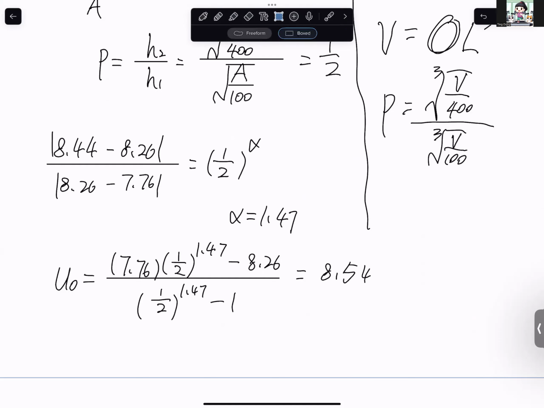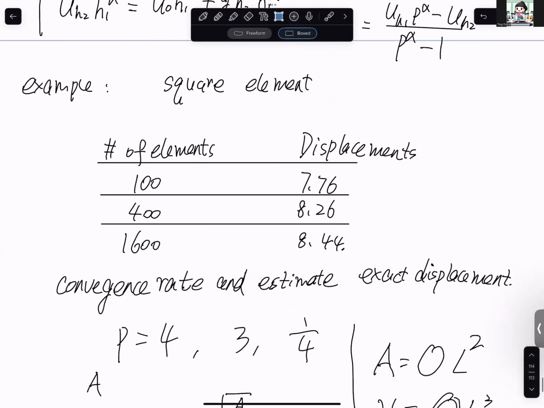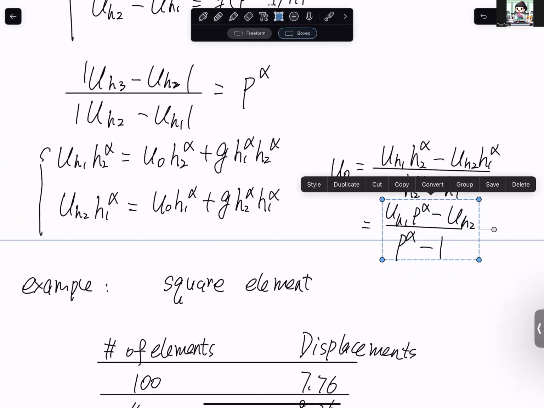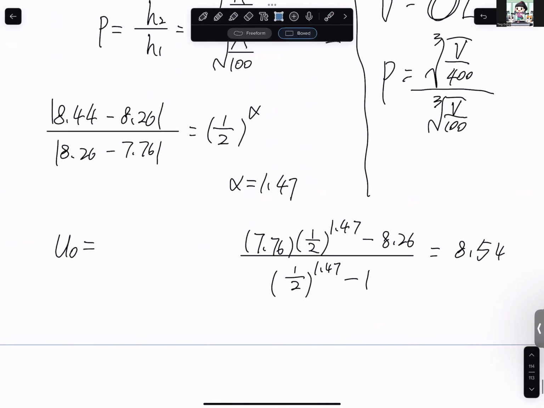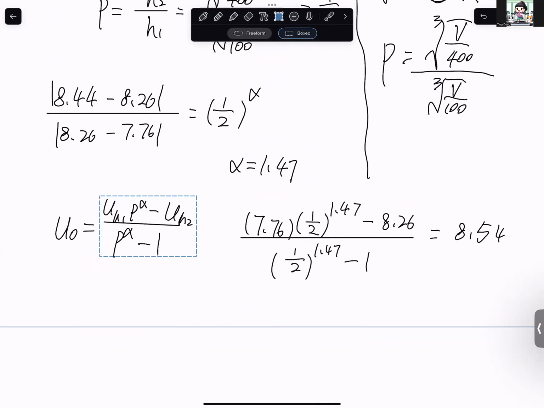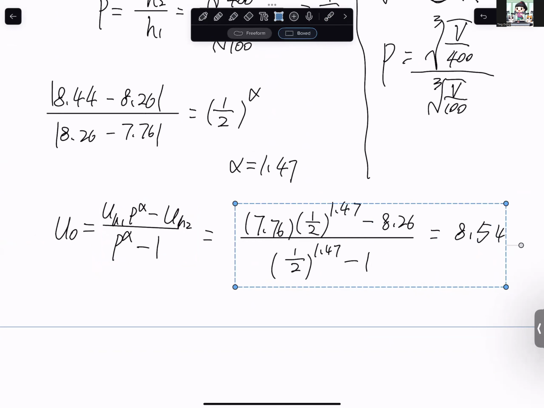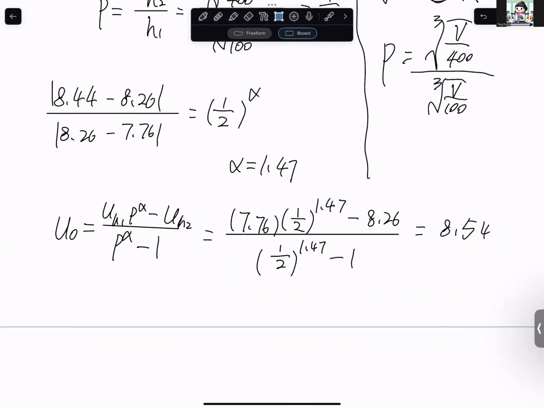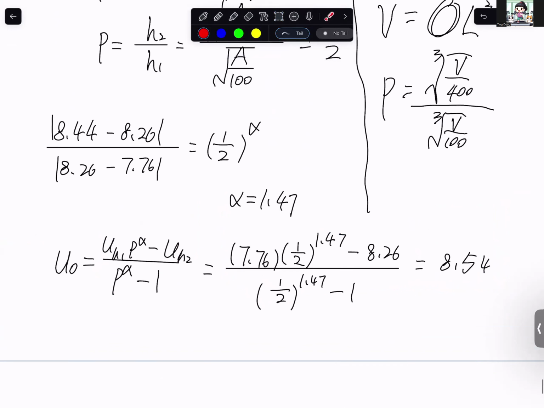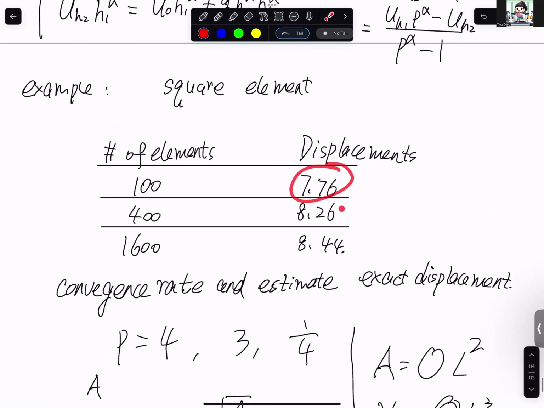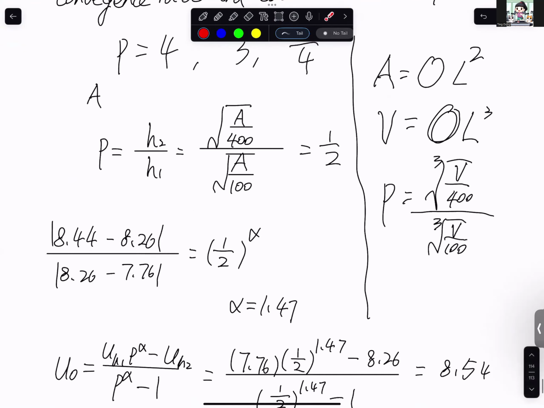Let's move the original equation to this side, so you guys don't get confused. The key thing here is to figure out what P is. Once P is figured out, the rest is just plugging in. This is UH1, UH2, UH3, right? And the first part is just calculation.